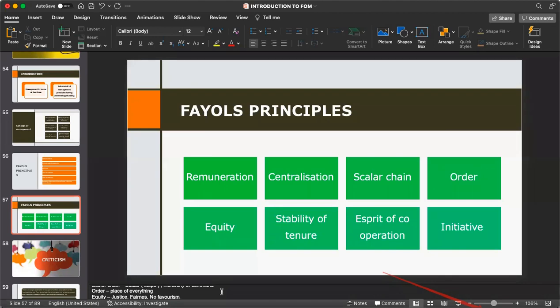Is it clear, guys? That is called order. That is called a place for everything.